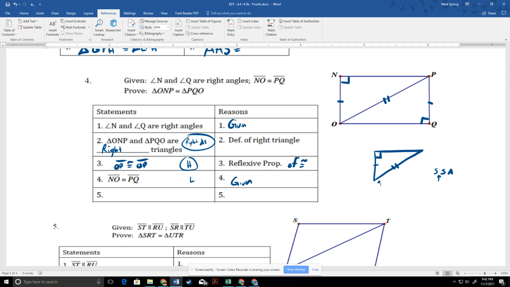And we need one pair of legs being congruent to each other. And they are. So we know it's going to be HL in this case. Again, not all right triangles can be proven congruent using HL, but if you use HL, it has to be right triangles. I'll just fill in what we need, which is triangle ONP is congruent to triangle PQO.